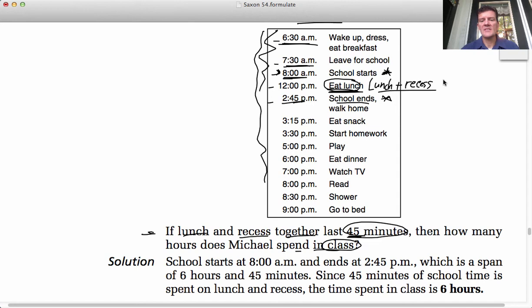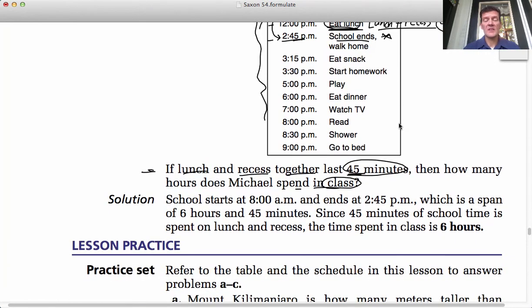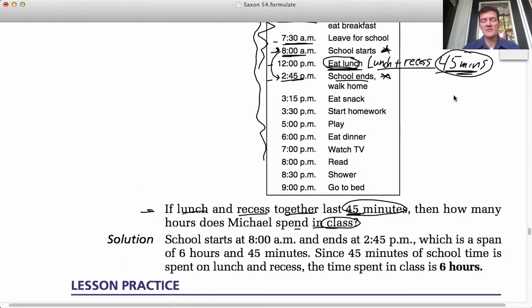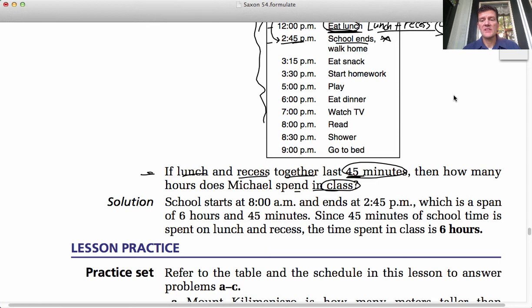Those two together, that's your 45 minutes. So we're going to find out how much time elapses from 8 a.m. to 2:45, and then subtract 45 minutes, because for 45 minutes he's not in class during the lunch and the recess.